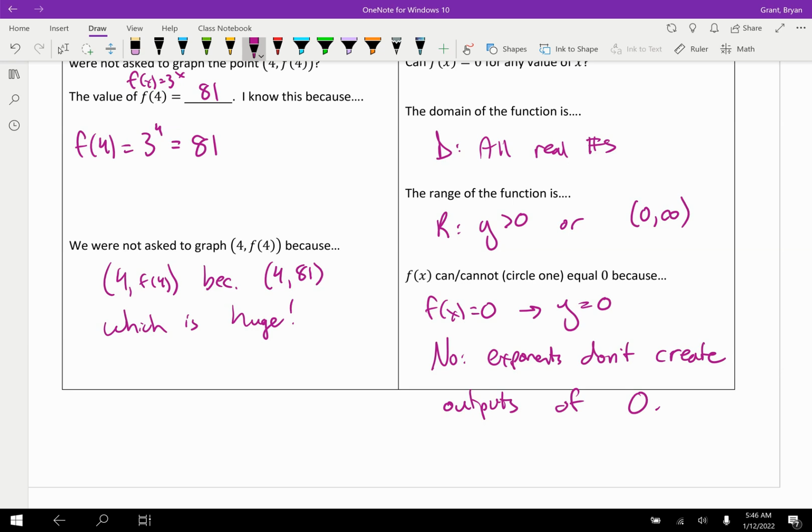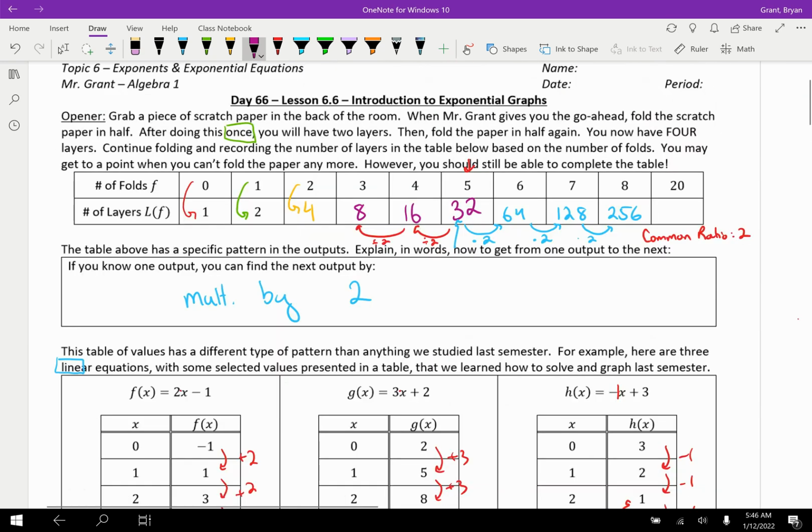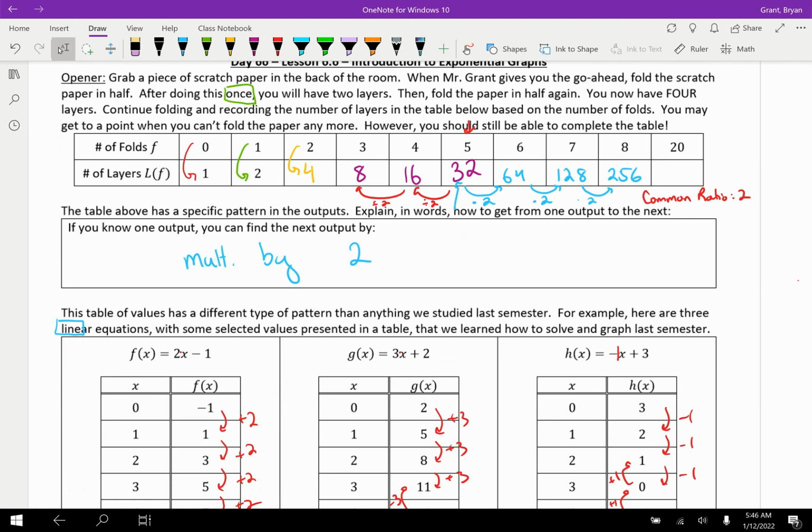So this was your introduction to exponential graphs. We're going to spend the next couple classes on these, but just a quick rundown of what we covered for today. First, we created an exponential graph, and we saw that the rate of change of an exponential graph is actually doubling every time. We multiply by 2, or if you move backwards, you divide by 2, and that is known as the common ratio. That is different than the linear graphs we did last semester.